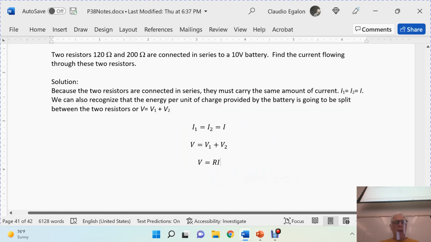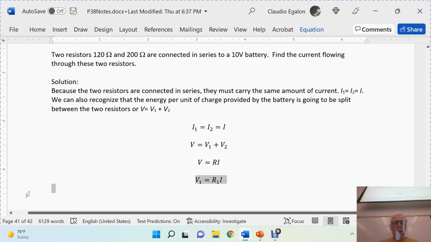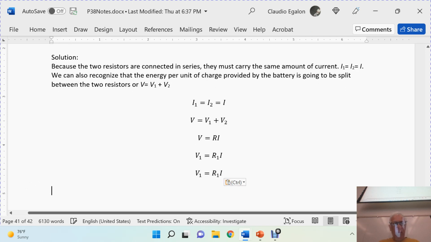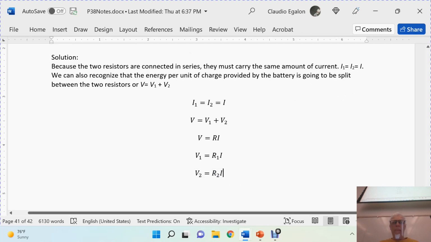So what else can we say? We can say that the loss of potential energy across resistor number 1 is going to be R1I, because the current through resistor 1 is the same as the current through resistor 2. And we have the same thing for the second resistor.